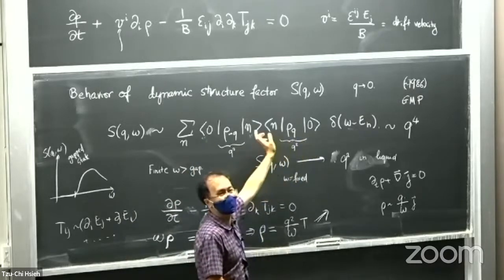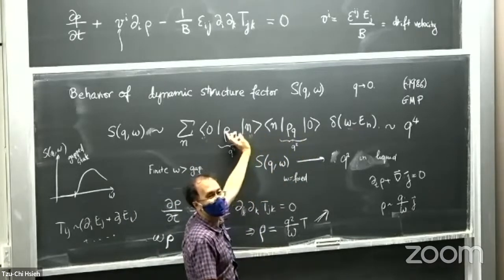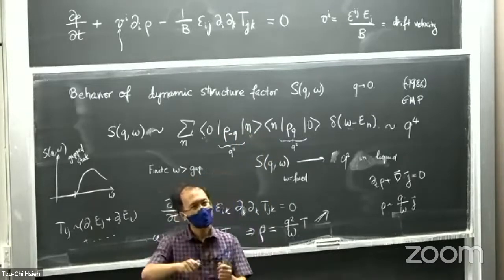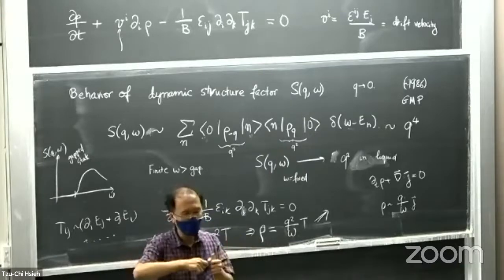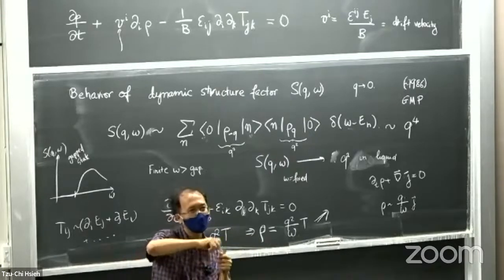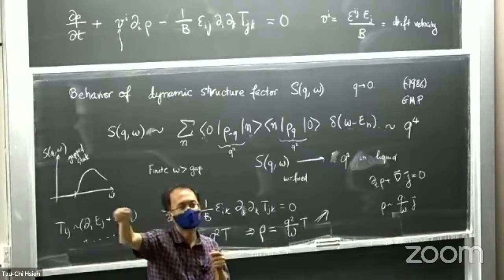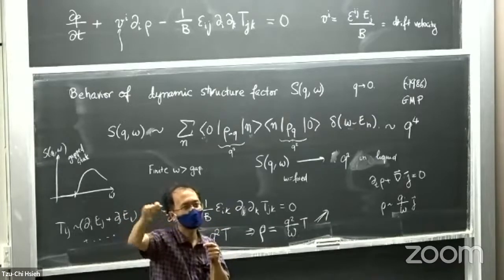There's no gradient, but all the excited states can be very different. And the dynamic structure factor measures the correlation between the quantum fluctuation of density at different points in space and time.